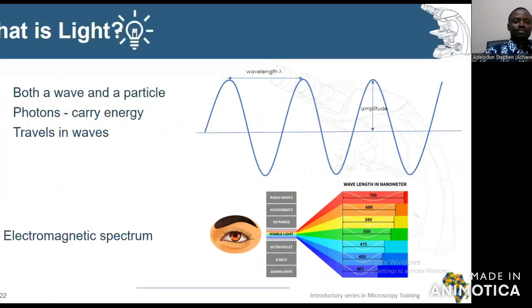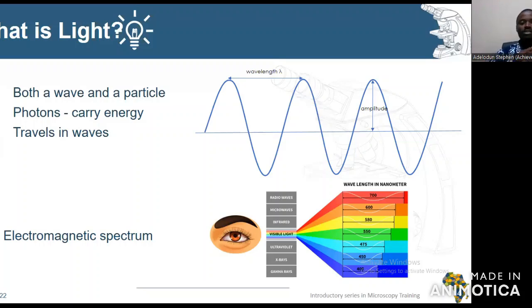All right, talking about light. From our basic knowledge of physics, we all know that light is a component of the electromagnetic spectrum, alongside others like the ultraviolet and the infrared rays. Light has its wavelengths within the range of 400 to 700 nanometers, and this visible light can be split or broken down into the various components of the color spectrum.